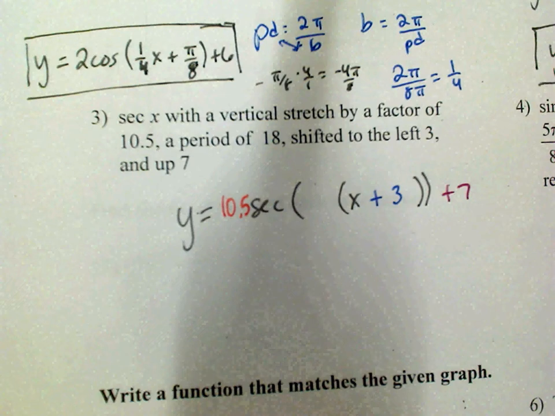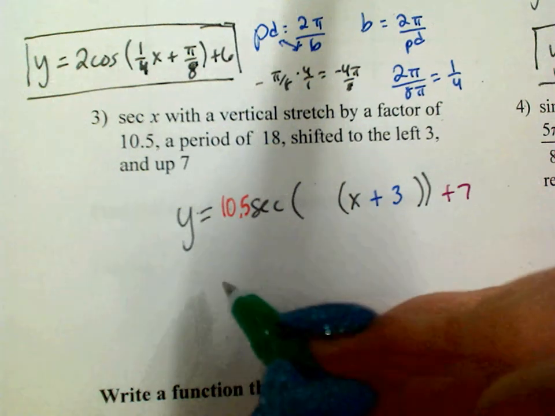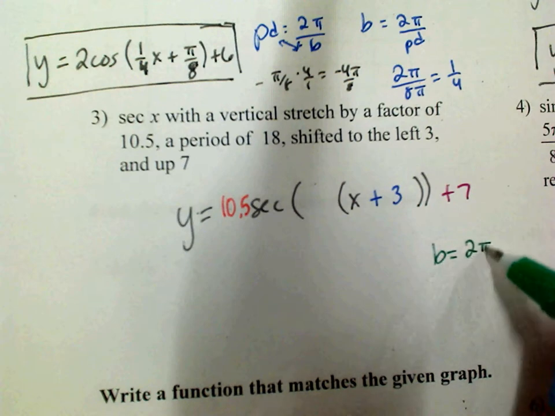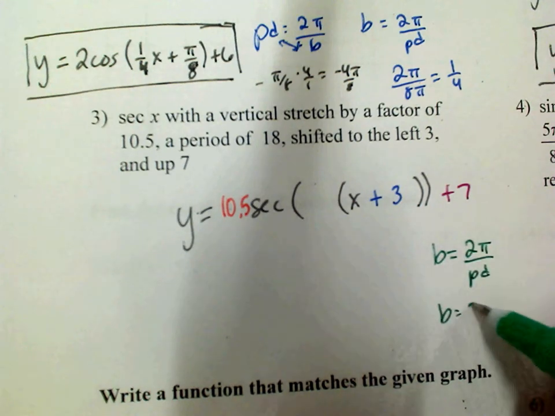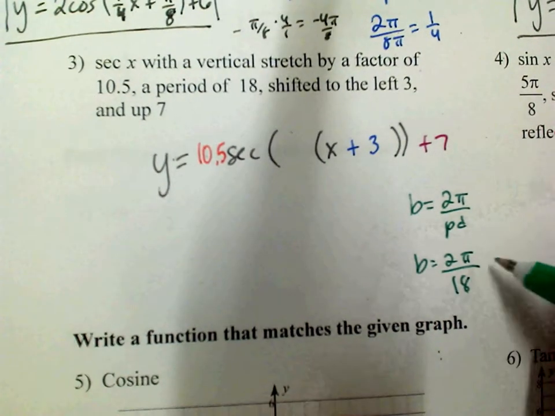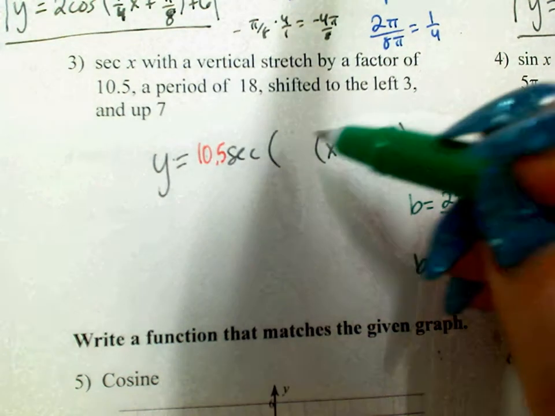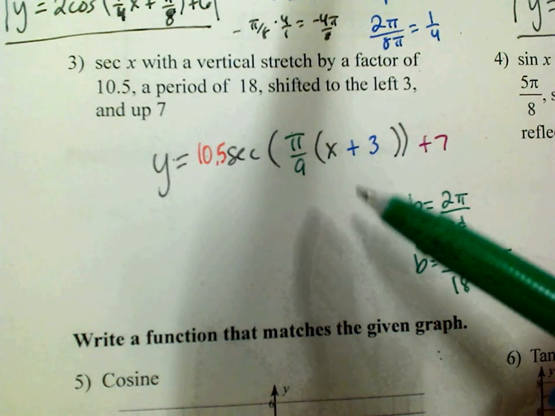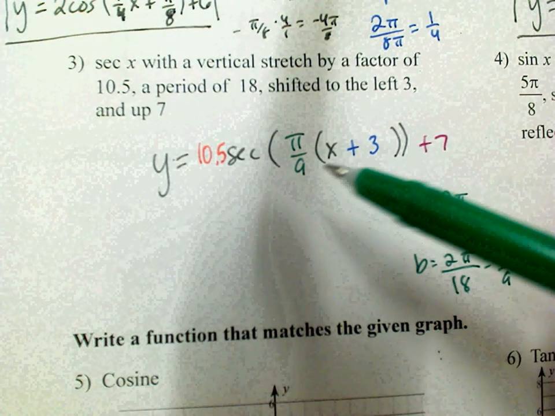So period is 2 pi divided by b, or b equals 2 pi divided by the period, or b equals 2 pi divided by 18. 2 pi divided by 18 simplifies down to pi over 9. So this right here is going to be pi over 9. And the reason why this one has a pi and the others don't is because this one you want the pi to simplify out.